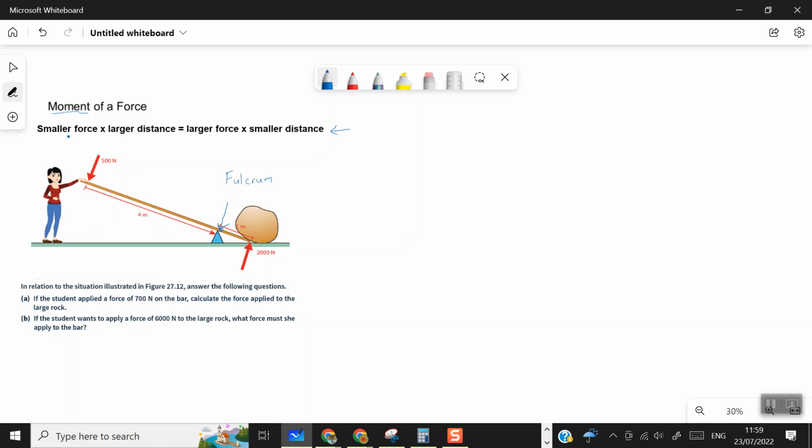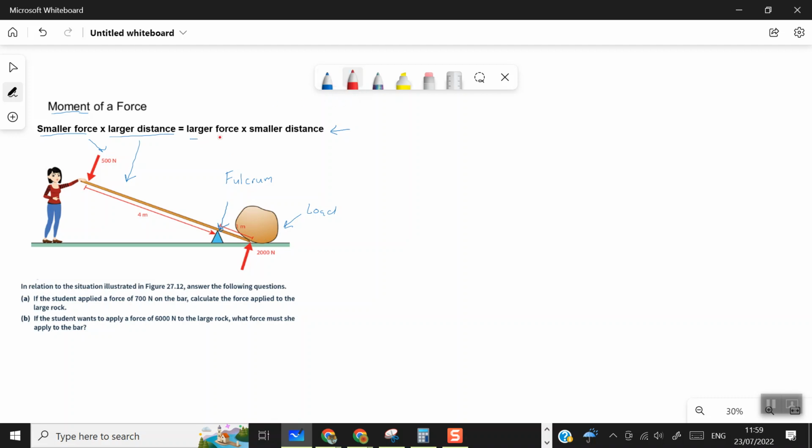So basically, the way the formula works is you have the smaller force multiplied by the larger distance. In this case, the smaller force is this here, and the larger distance is this distance here. So it's the distance between the fulcrum and where the force is applied, where the load is applied, multiplied by the larger force.